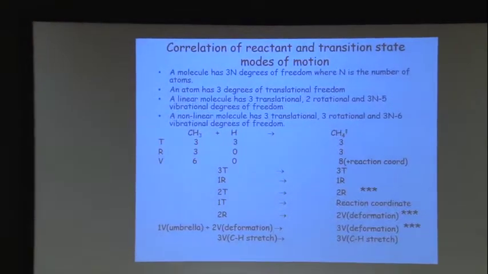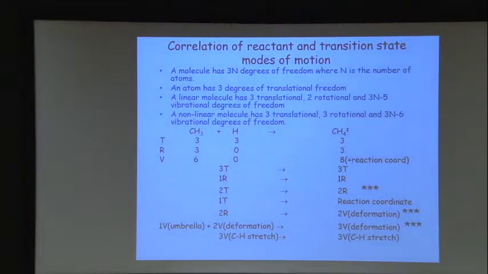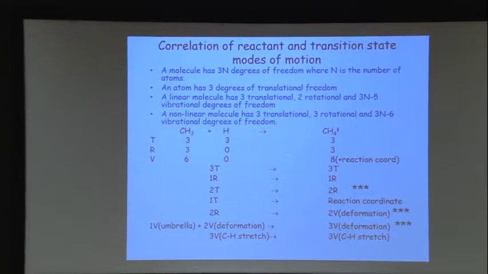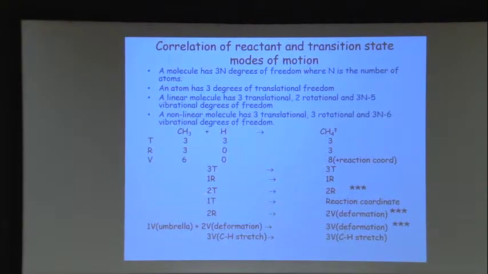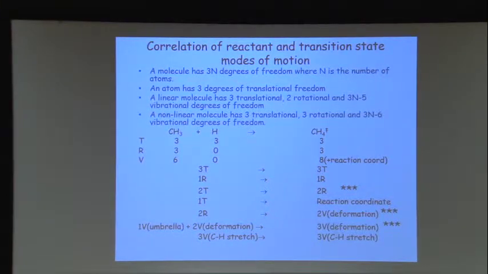So that's now got rid of all the translations. 3 of them have gone over to translations there. No, I haven't quite got rid of one of them. 2 have gone over to rotations, and one of them, the H coming into the CH3 directly, goes over to the reaction coordinate. And then 2 of the rotations in the CH3 go over to deformations in the CH4.